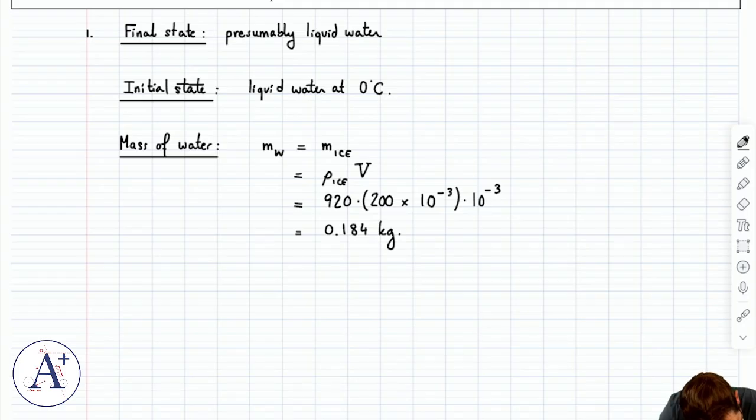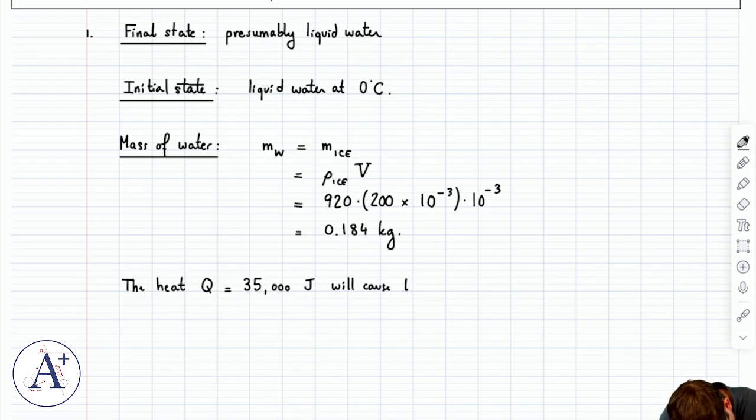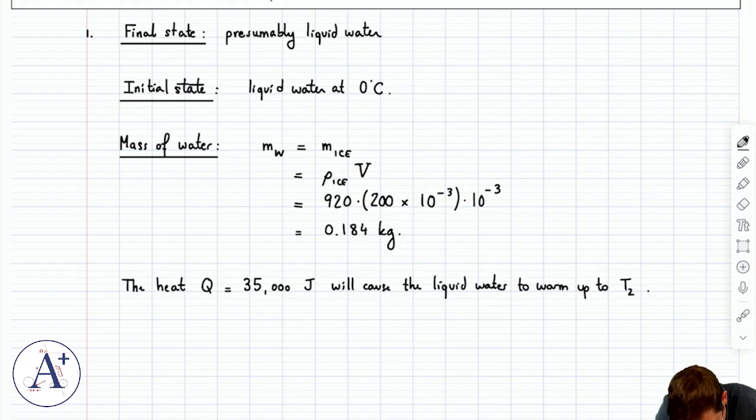Okay, so the heat Q equal to 35,000 joules will cause the liquid water to warm up to T2, which is going to satisfy the following formula.